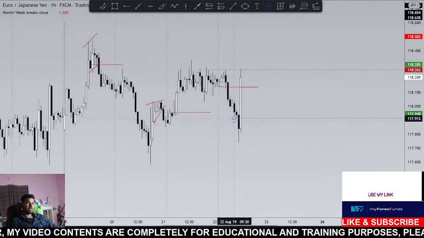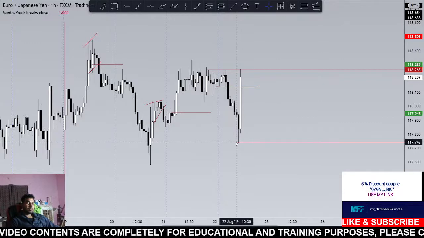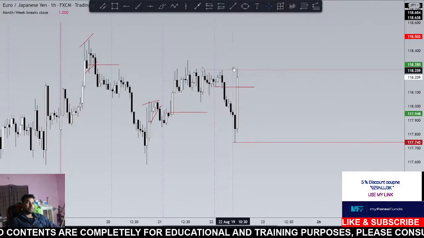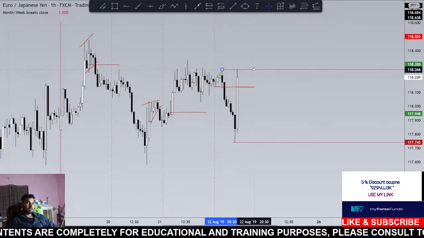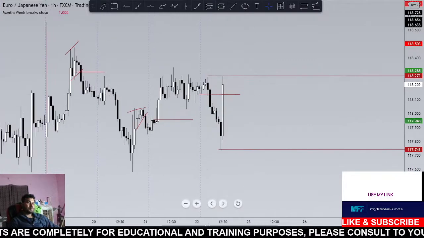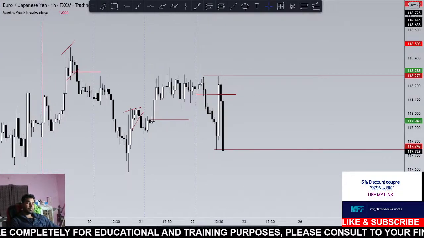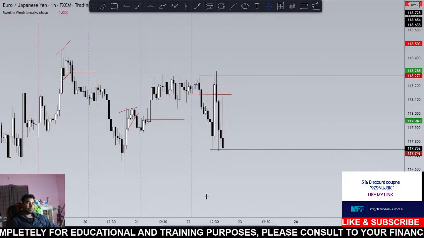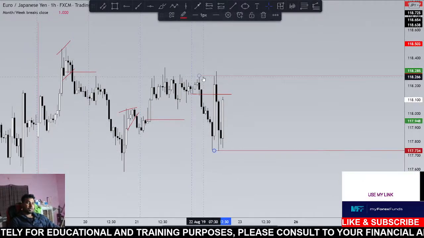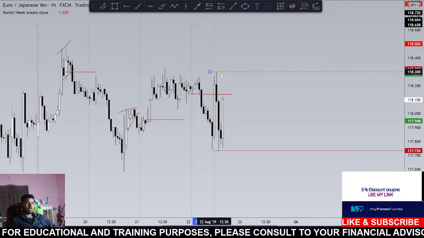But this sort of peak, I did not want to place my entry after this wick. You can see the volatility. See how candles are going up and how candles are coming down.